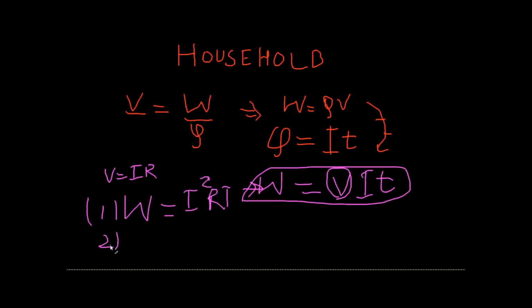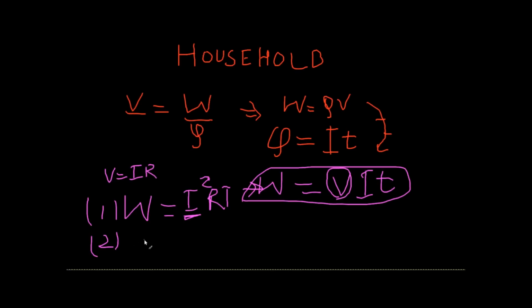My second formula, guys, is when I input I equal to V by R in this one. So if I have I square, then this would be V by R whole square. So I would get V square T by R from this one.